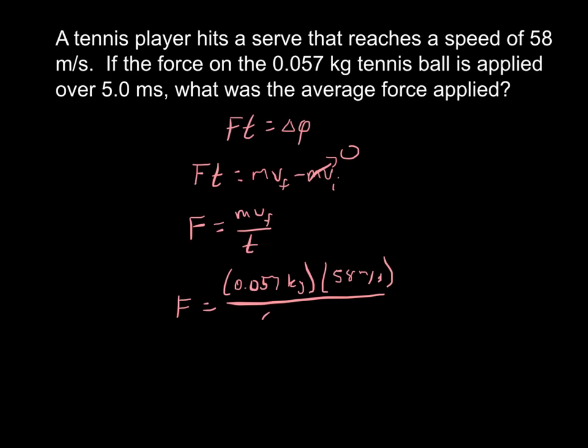So that's going to be 5.0 times 10 to the negative 3 seconds. And then solving for force, we get that force was 661.2 newtons that was applied to the ball in order to get it to accelerate to 58 meters per second over those 5.0 milliseconds.